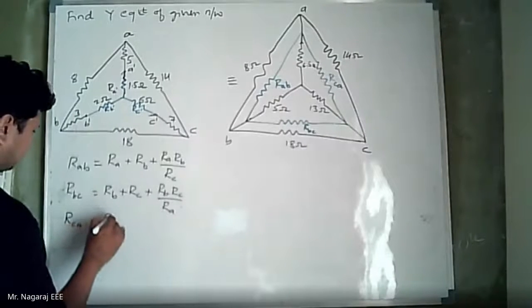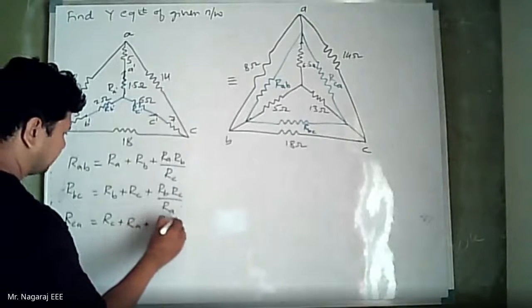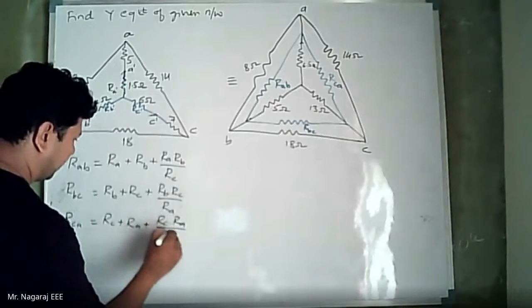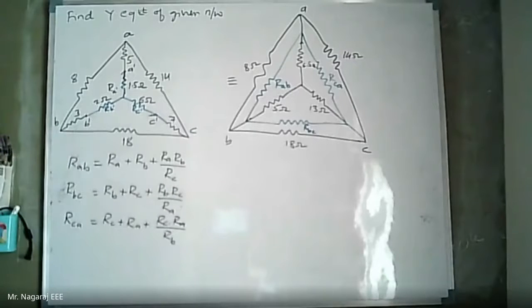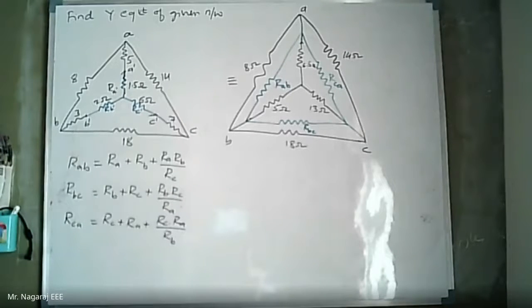RCA is equal to RC plus RA plus RC into RA divided by RB. So this is the formula for star to delta conversion.